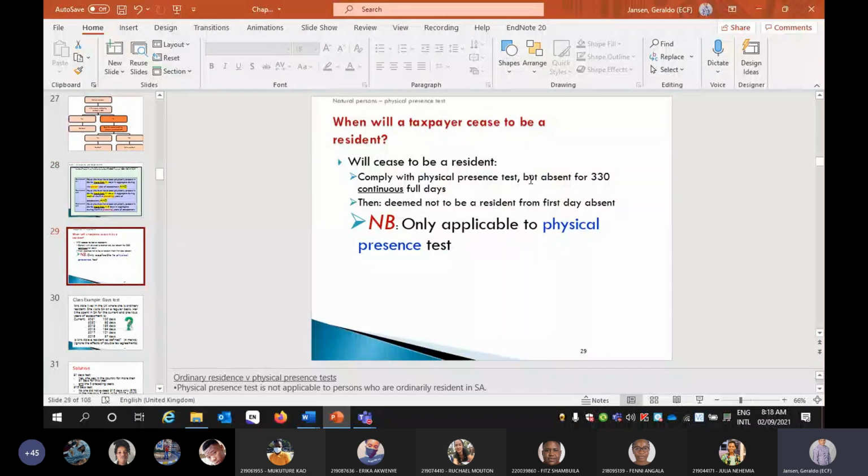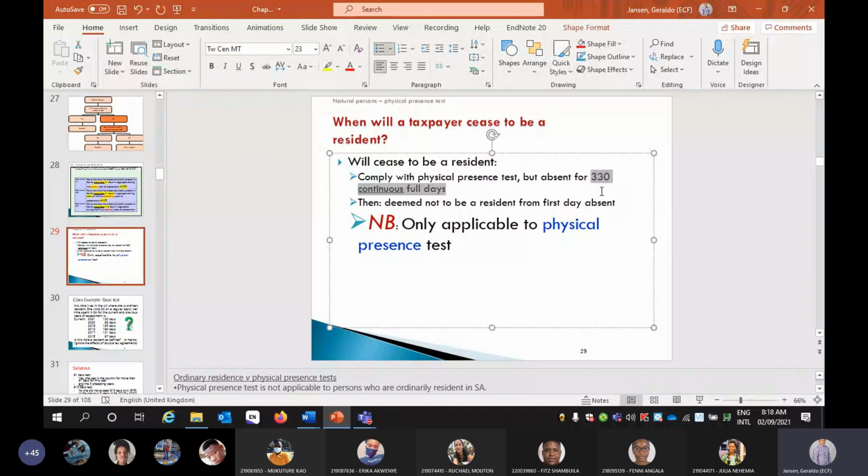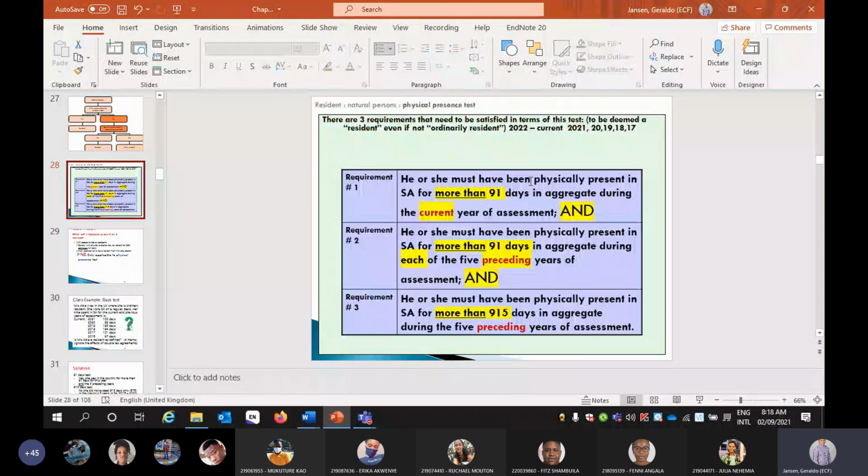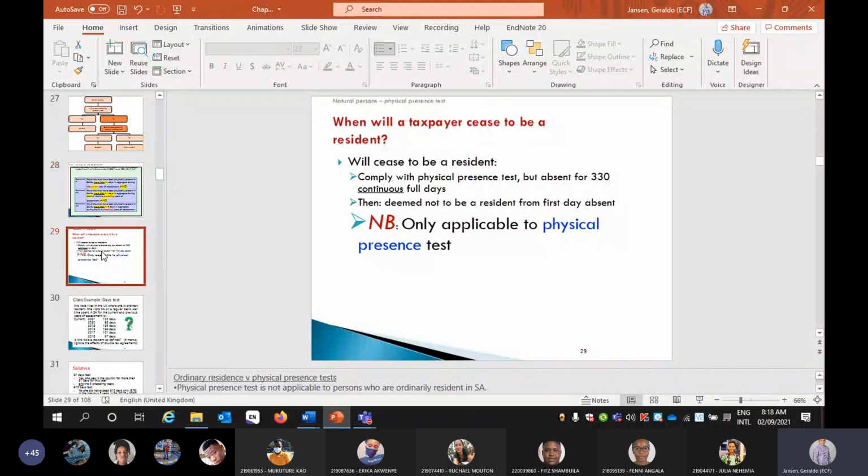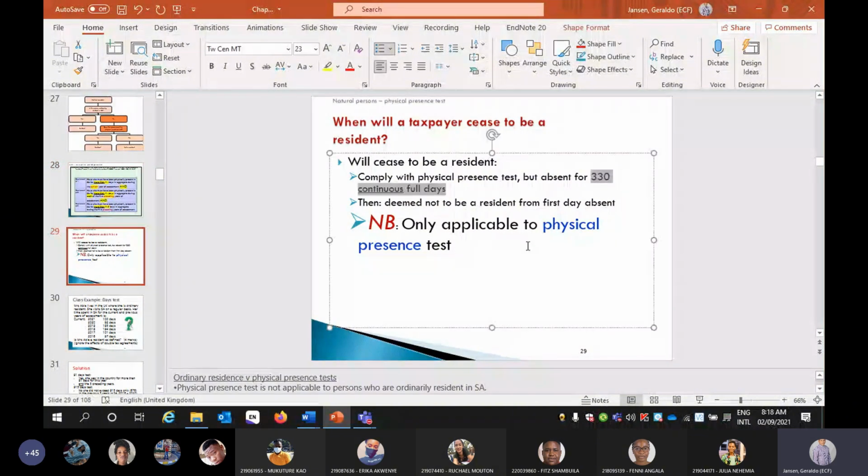So guys, sometimes you can be present in South Africa for 91 days, but after that you might have been absent for 330 days continuously. Then we say you will not be a resident anymore for tax purposes. So we say then you will be deemed not to be a resident from the first day that you are absent, and that is only applicable to the physical presence test.